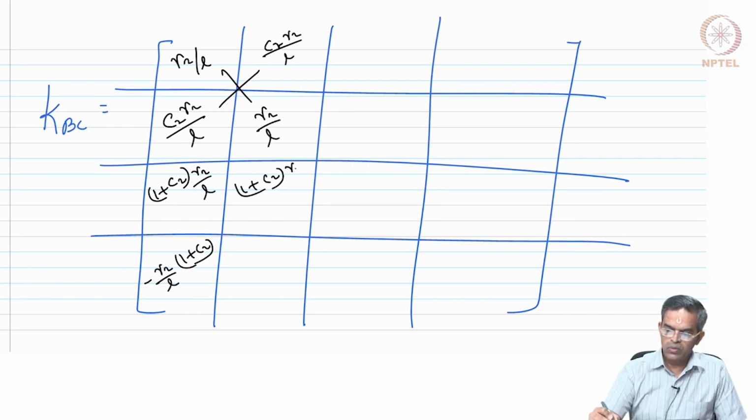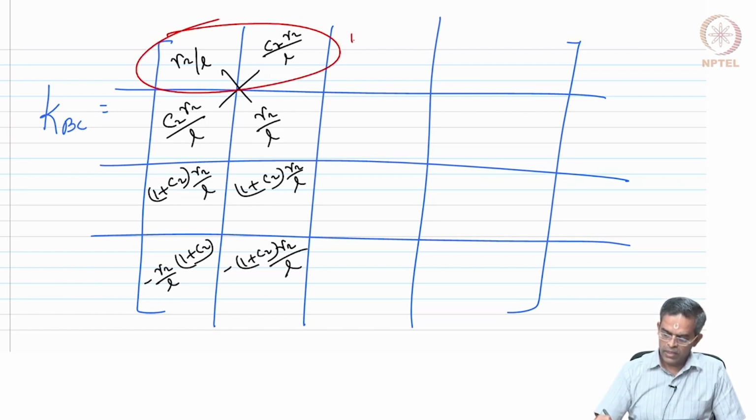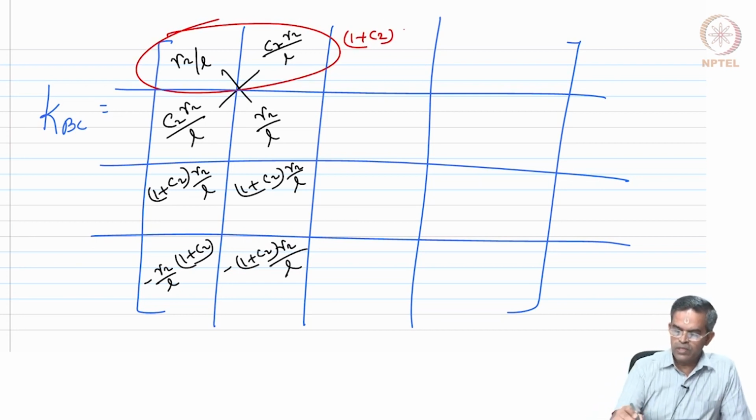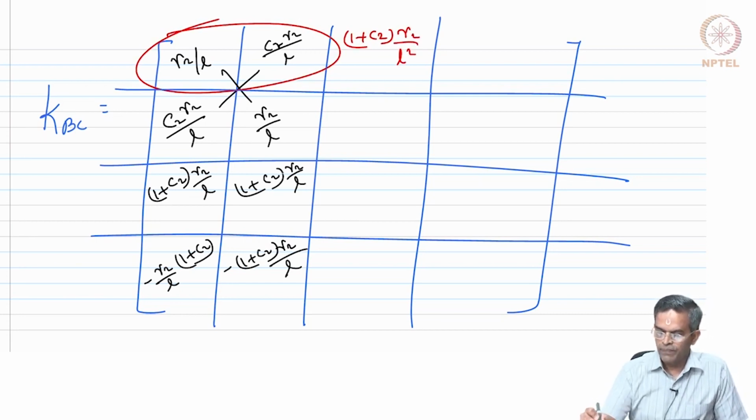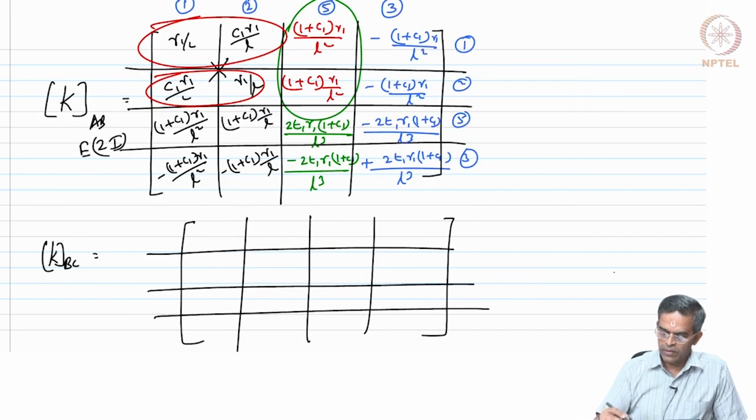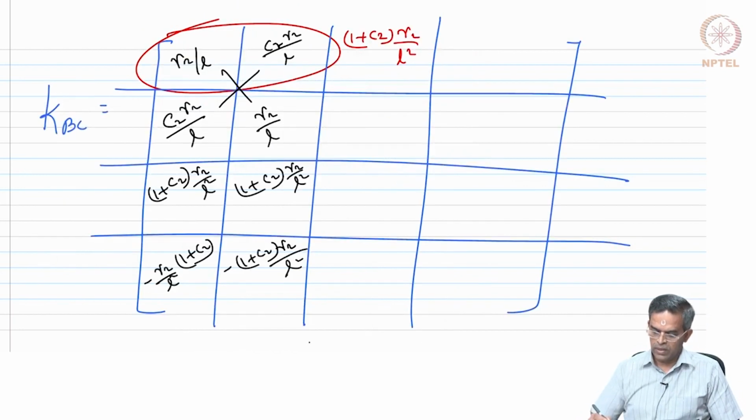So, C2 R2 by L, R2 by L, 1 plus C2 R2 by L, minus of, then sum of these two by L. This is L square, right? There will be L square here. The previous case also L square, right? That is right. L square here.